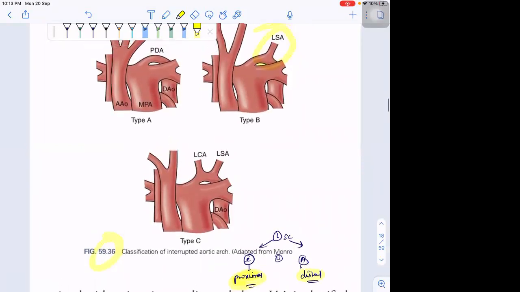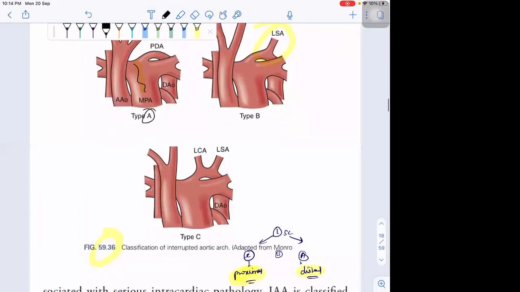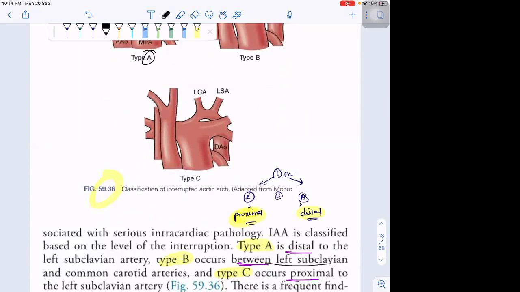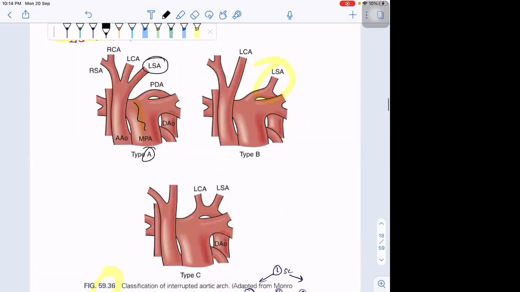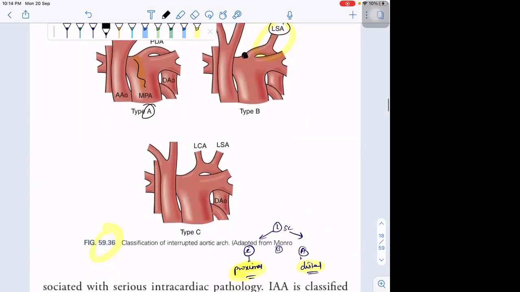If the interruption of the aortic arch is distal to the left subclavian, then it is called type A. If the interruption is in between the left common carotid and the left subclavian, then it is called type B. And type C is proximal to the LSA.